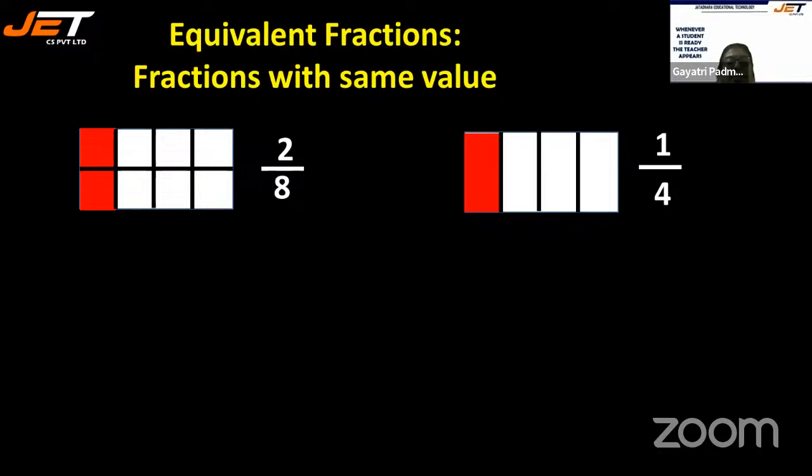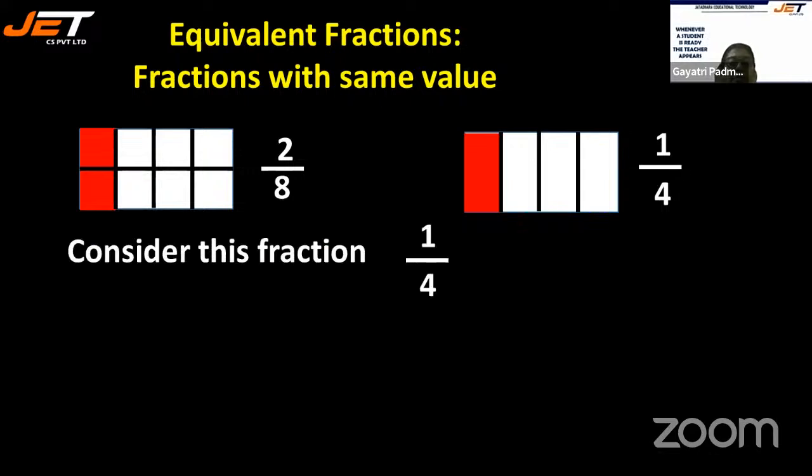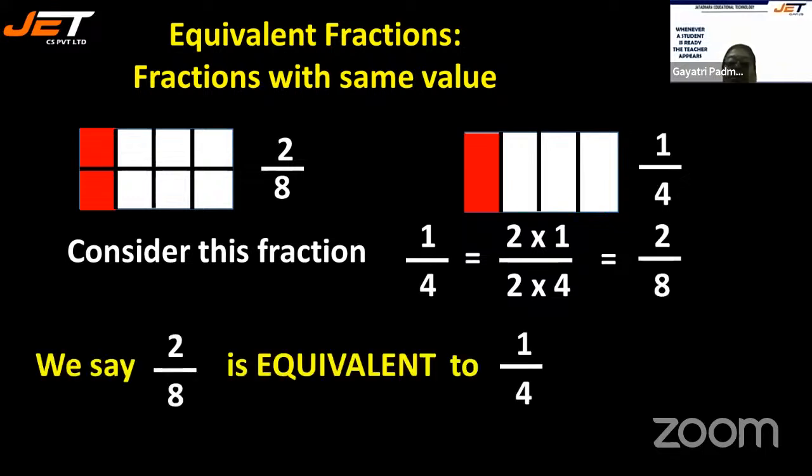Now you see equivalent fractions, fractions with the same value: 2 by 8, 1 by 4. Now consider this fraction: 1 by 4 is equal to 2 into 1 by 2 into 4. So how do you write this? 1 into 2 is 2, and 4 into 2 is 8, so it is 2 by 8.